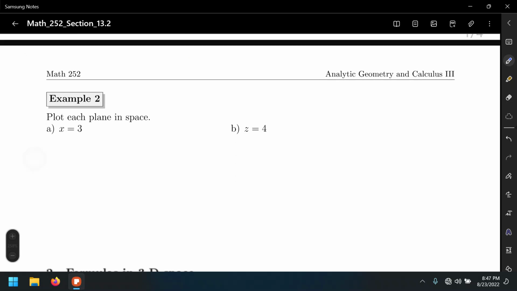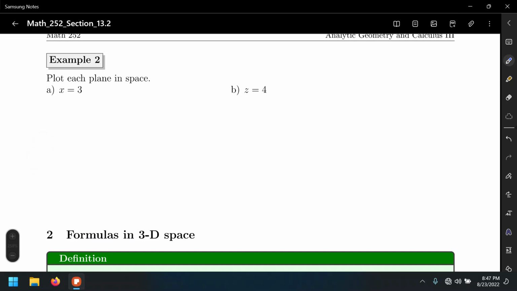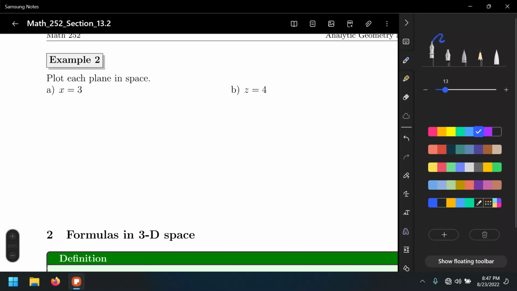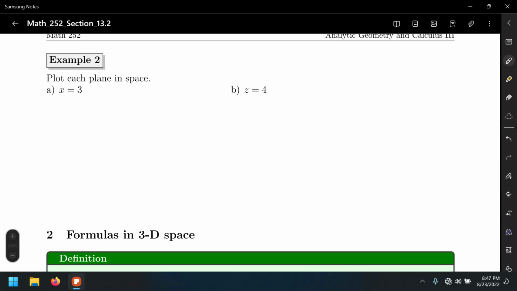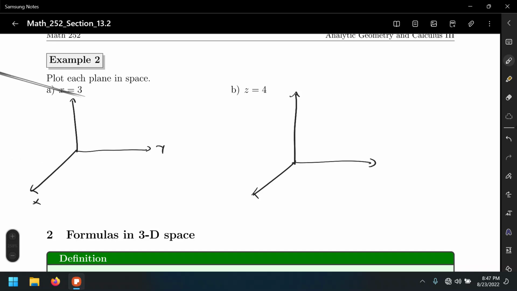Okay, let's plot each plane in space. Let's do a couple of examples, and we're almost out of time. In this case, they're asking us to plot 2 planes. In the x, y, z directions, they're asking us for the plane that contains all the points whose x coordinate equals 3.